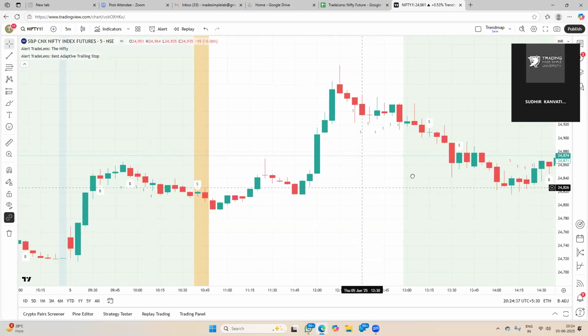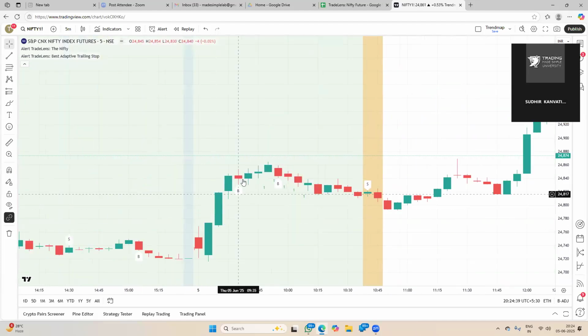As you can see, once we enter the trade in this candle, if one mark appears, clear? Correct. And our 30 point target didn't hit. So what we have to do is trail the stop loss.